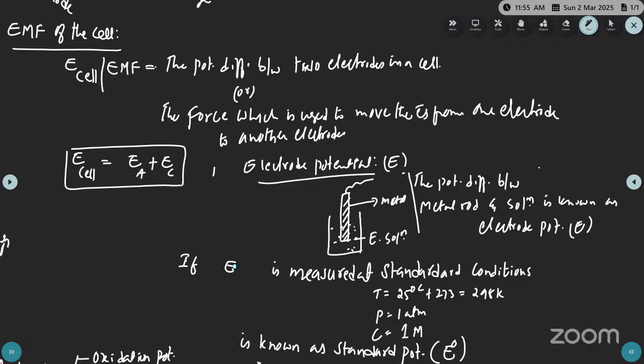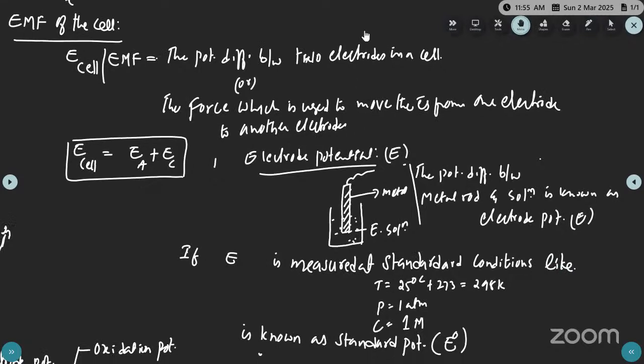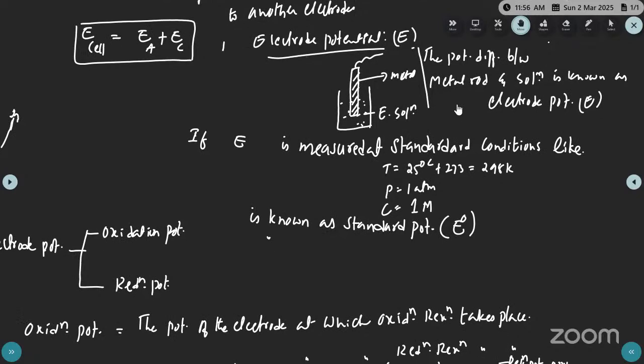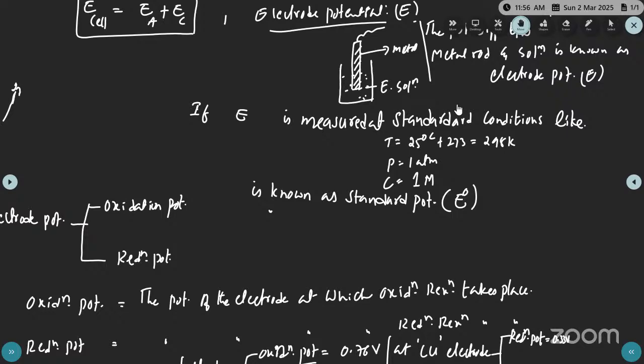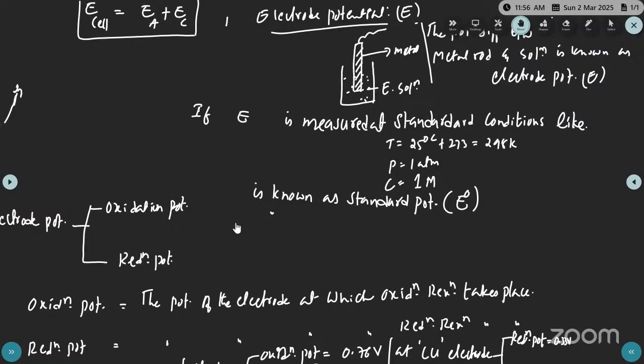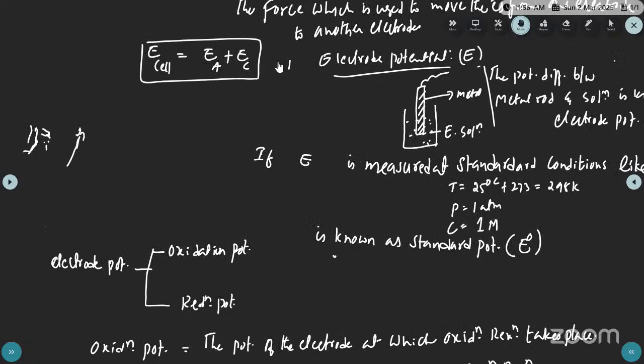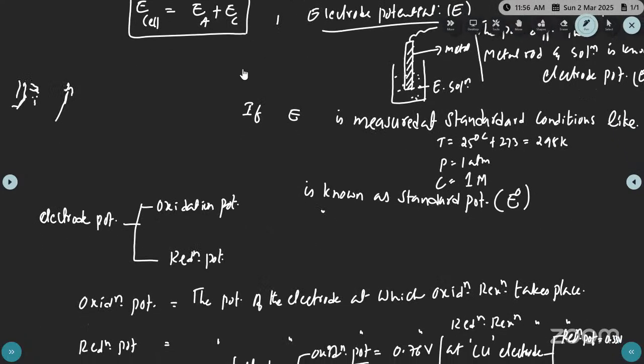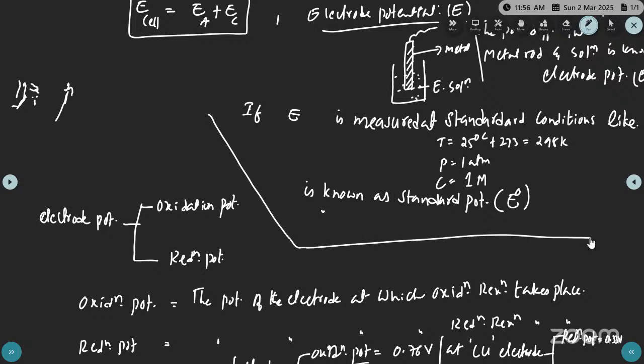Next, if potential E is measured at standard conditions, it is known as standard potential, E naught. Standard potential E naught.